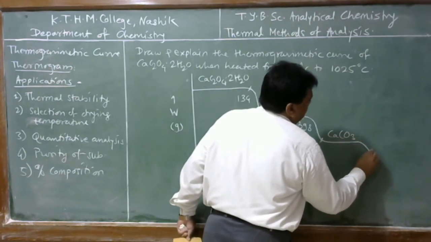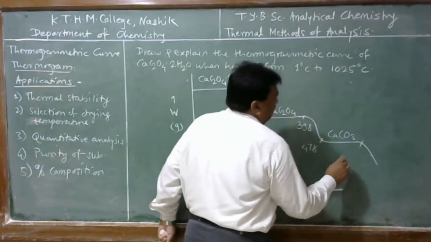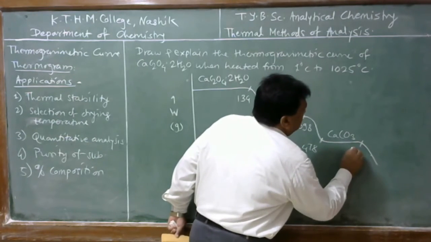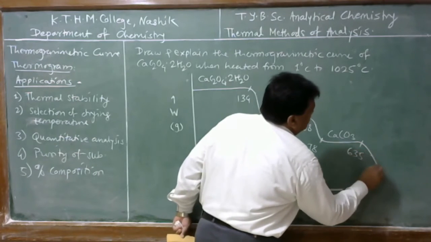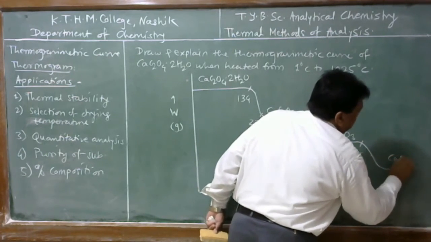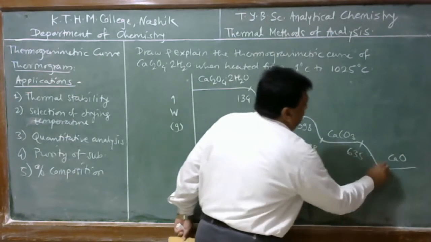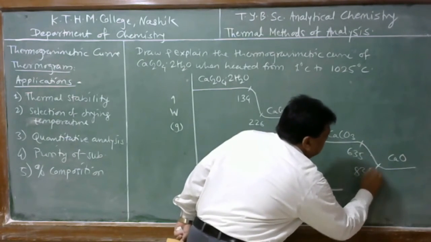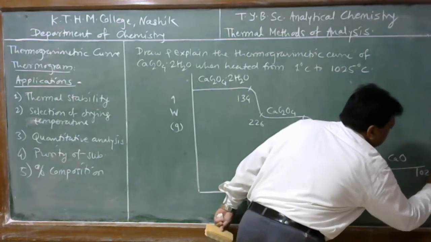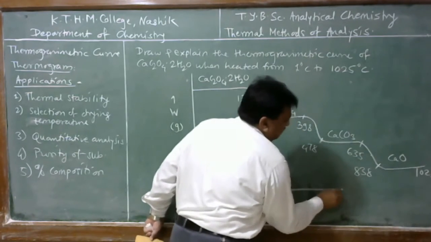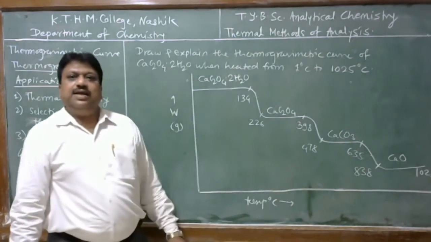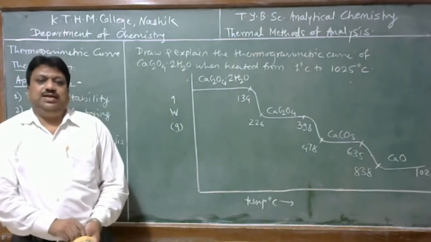Again calcium carbonate is decomposed at a temperature 635 degrees centigrade into calcium oxide.